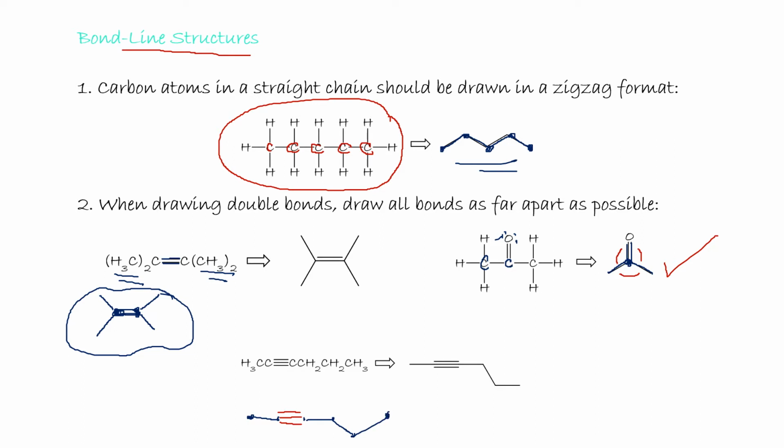So sp3 carbon, we make it zigzag line. sp carbon, zigzag line. Okay? sp2, trigonal planar. If we have sp, linear. And we are done with line structure.